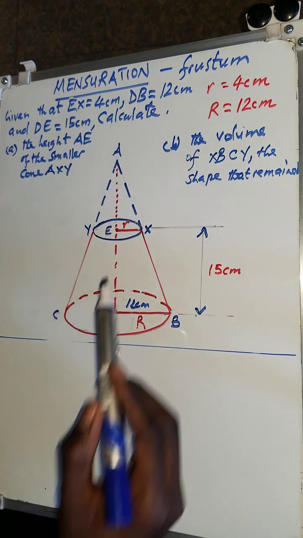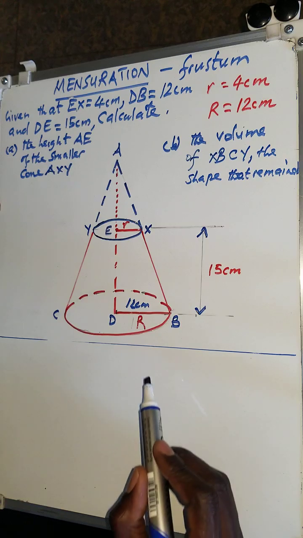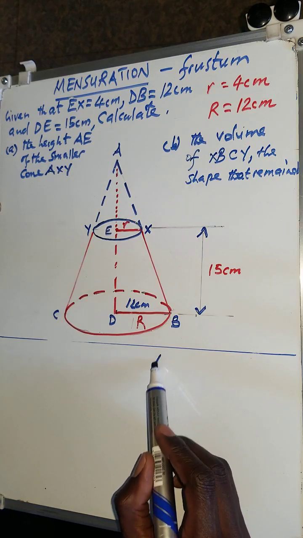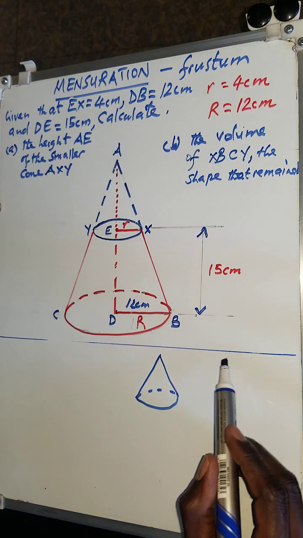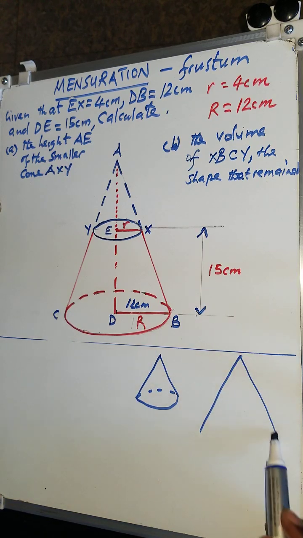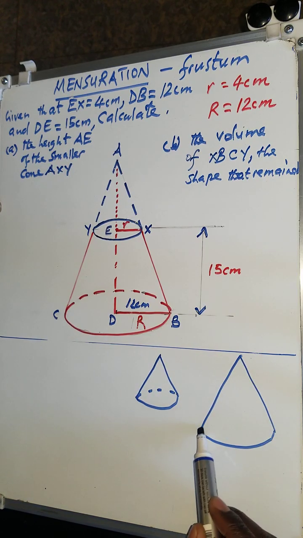Now what you can do to find the height of the smaller cone is compare the smaller cone, which I have here, to the entire larger cone that I have there.